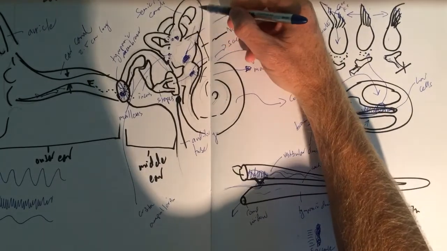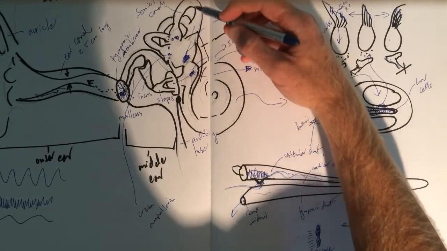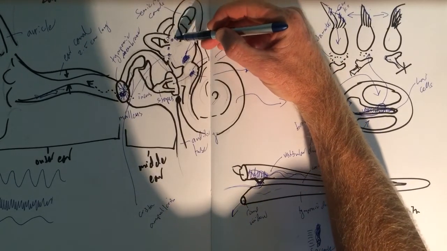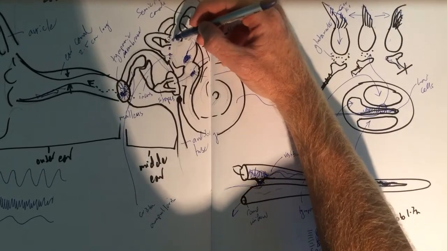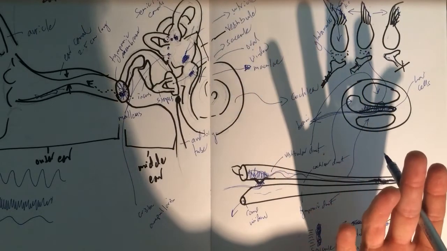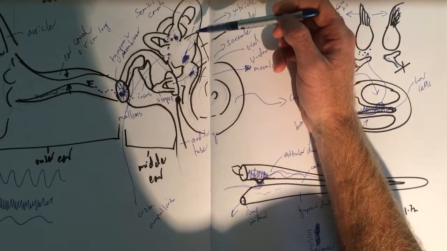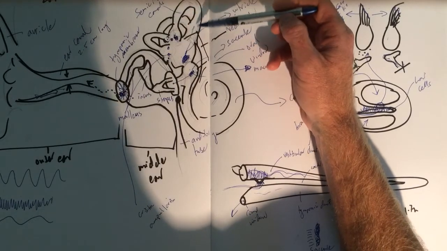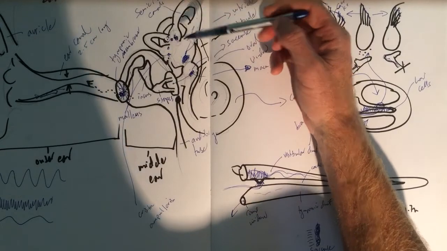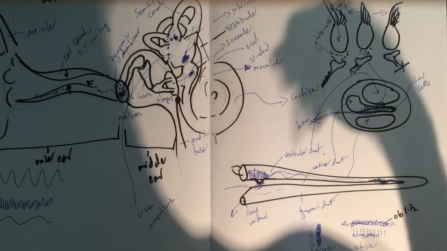Basically these arcs or arches contain fluid, and as we experience rotational acceleration, fluid will flow through these arches and stimulate the hair cells in these organs called the crista ampullaris, and those allow us to feel rotational acceleration, like if you're on a merry-go-round. This is our own natural internal gyroscope. We have semicircular canals that can sense acceleration in 3 axes of motion, allowing us to feel acceleration from side to side, back and forth, and then spinning laterally.